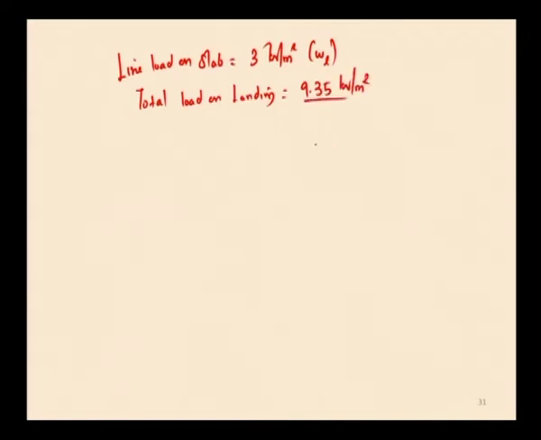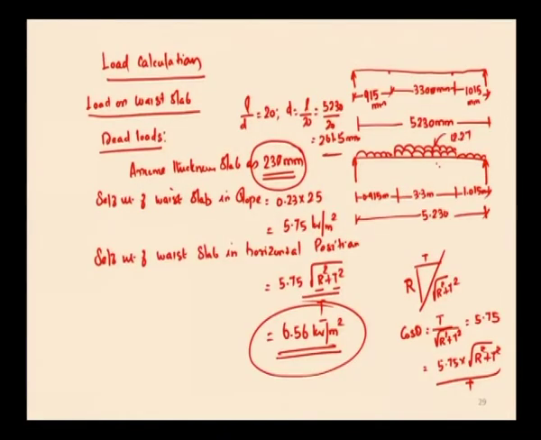So, using this I am going to draw the loading diagram. I have already drawn the loading diagram, but here I am drawing it again. Here we are having this one is 0.915 meter, this one is 1.015 meter and this one is 3.3 meter.